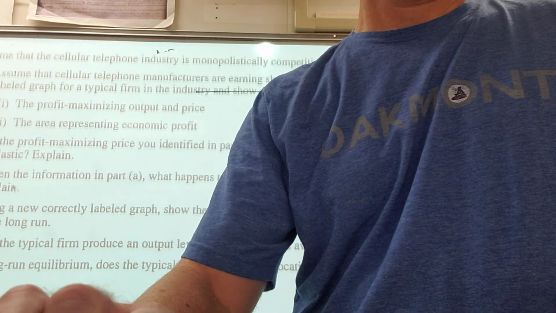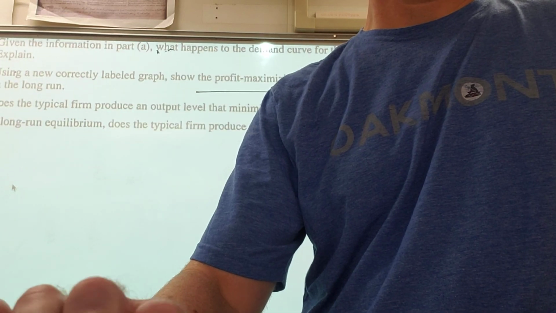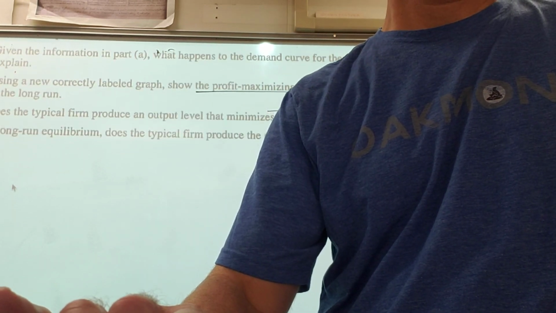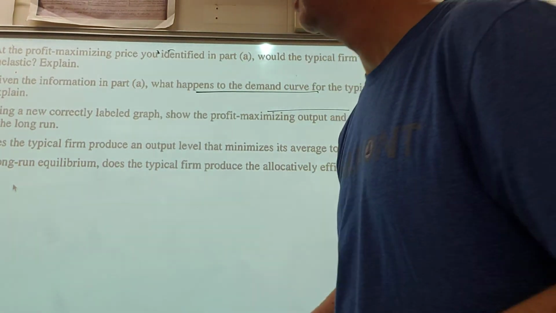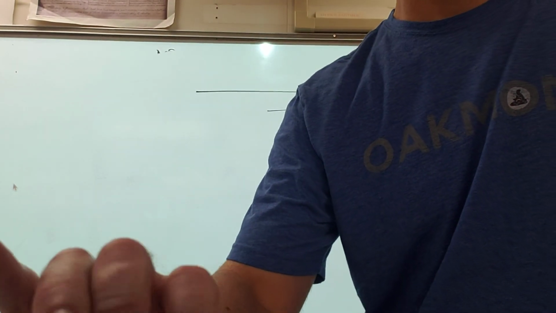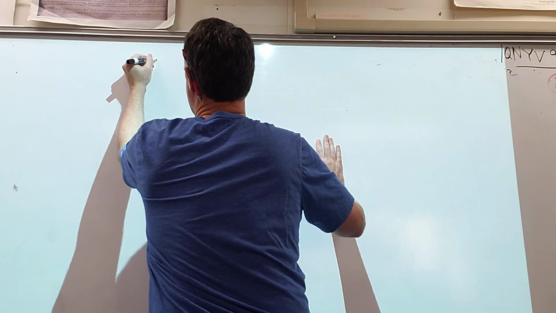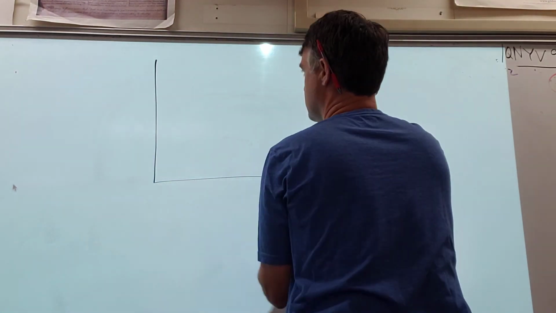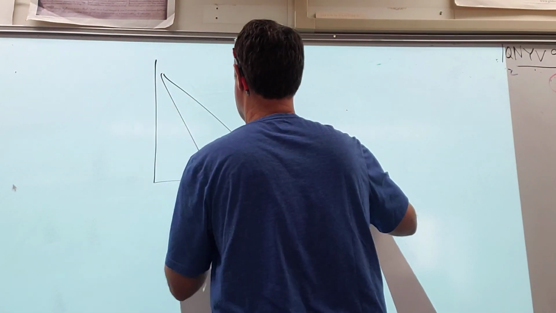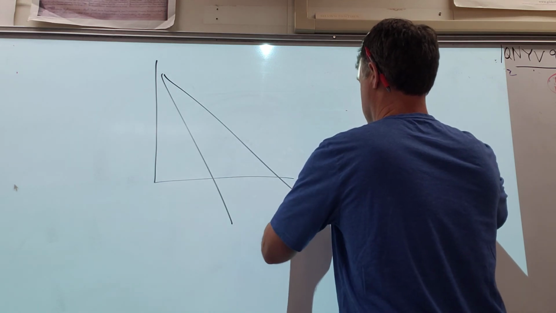Okay, so let's page up a little bit and let's draw. We have one firm, and it's monopolistically competitive. So we know it looks identical to a monopoly.